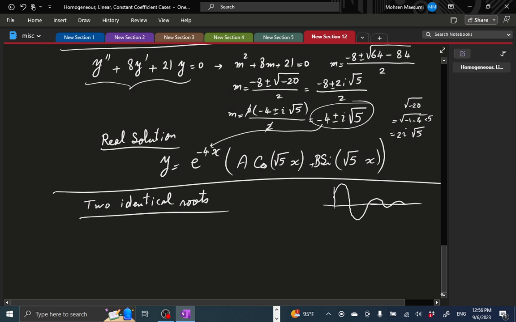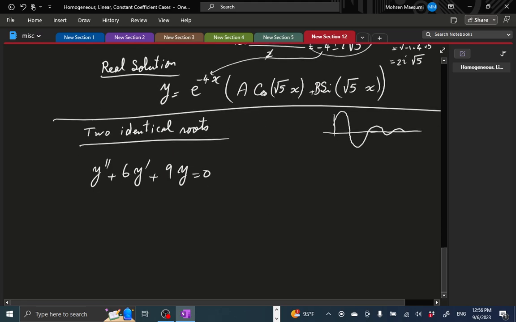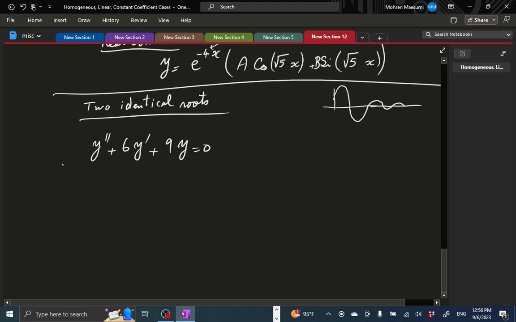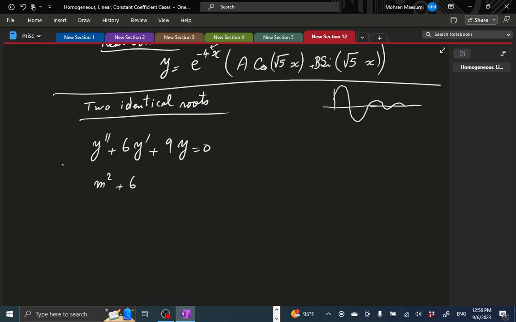So, like what? Suppose I have y double prime plus 6y prime plus 9y equal to 0. Okay, what did we say we do? We write the auxiliary equation.